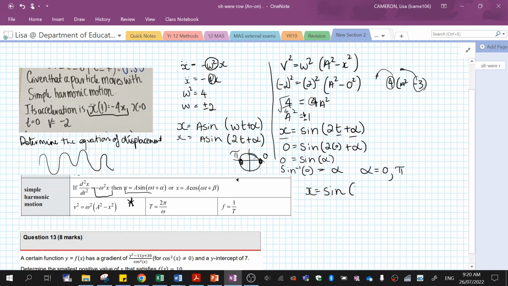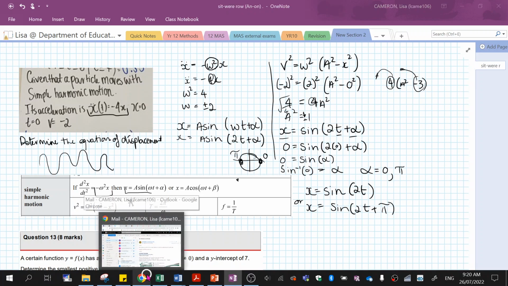sine 2t, close bracket, because delta would be 0 in that case, or it could be x is equal to sine 2t plus pi. Now, if I think about these two equations, they are different.